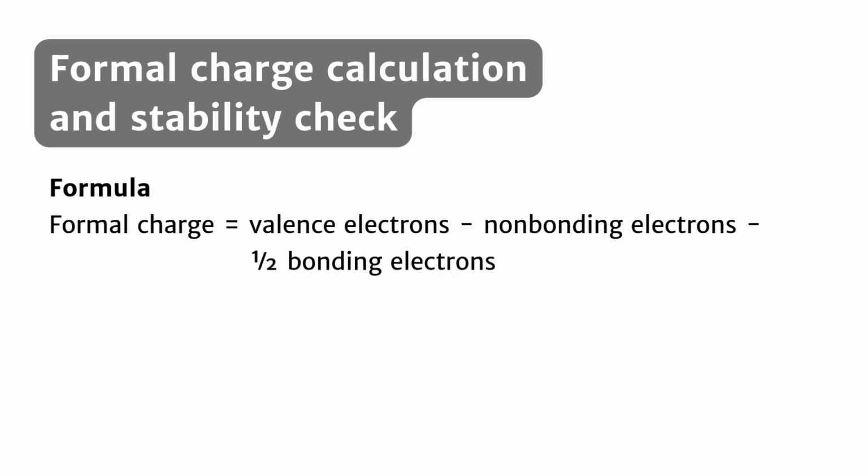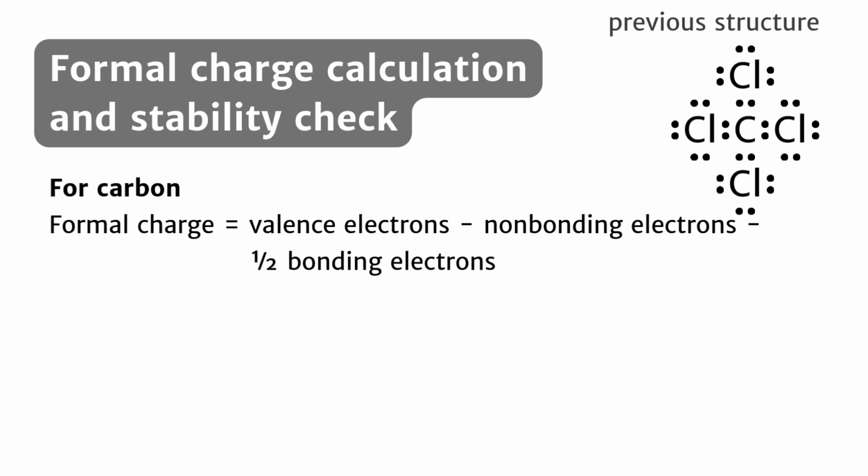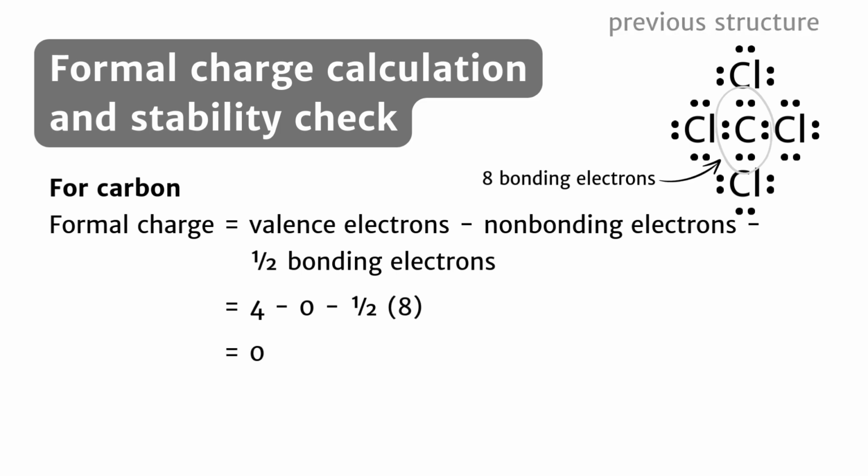Enter the required data and insert the values to determine the formal charges for each specific atom. For the carbon atom, valence electrons equals 4, non-bonding electrons equals 0, and bonding electrons equals 8. So, the formal charge equals 4 minus 0 minus half multiplied by 8, which equals 0.